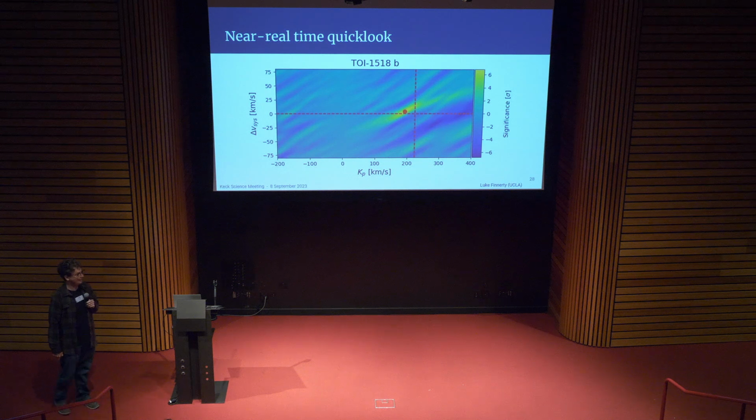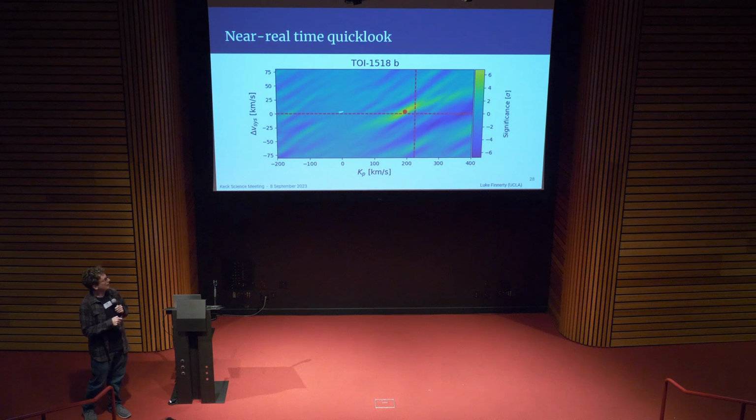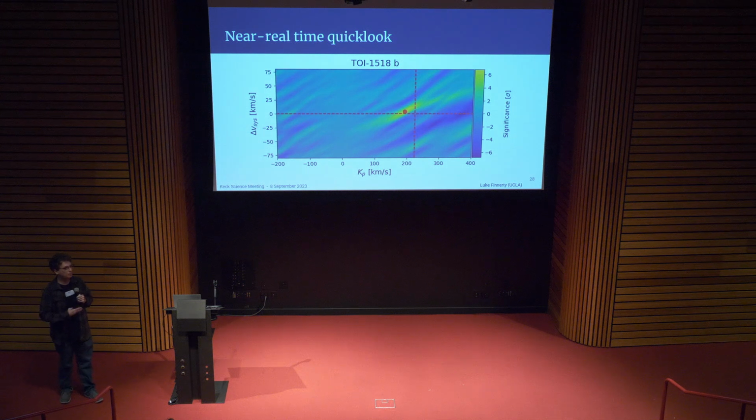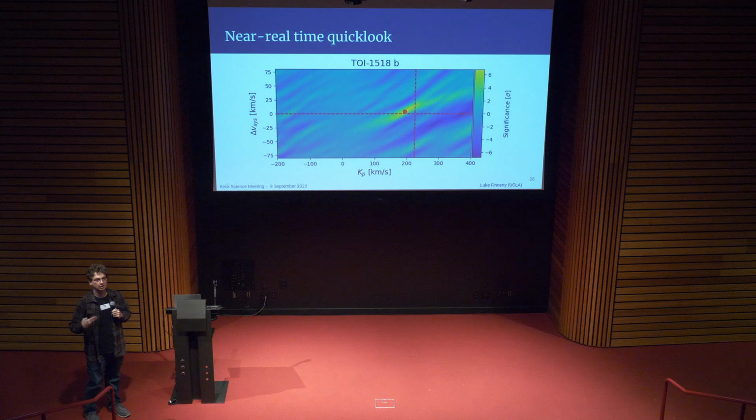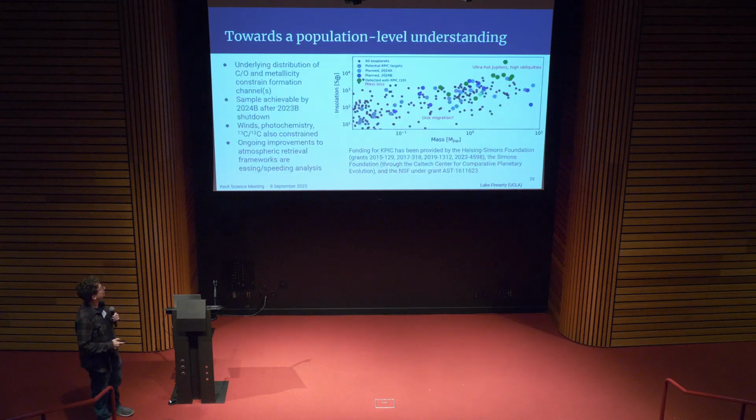I had been downloading every 10 frames and rerunning our quick look reduction and our cross correlation, and I saw this grow from 2.5 sigma to over 6 just as we were doing this. So our pipeline for detection is mature and fast. We're trying to get that to extend to the retrievals as well, which is a bit more of a challenge, but we are hopeful that we are moving on to that now.